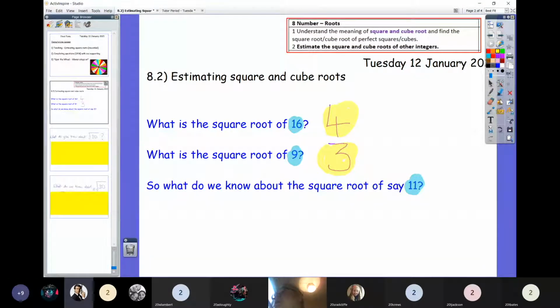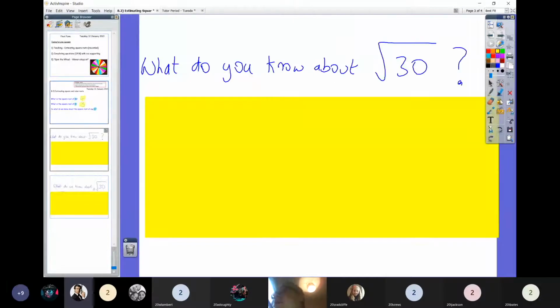So moving on to the next question. What do we know about the square root of 30? Well, we know that 5 5s are 25, so we know the square root of 25 is 5, and we know the square root of 36 is 6.